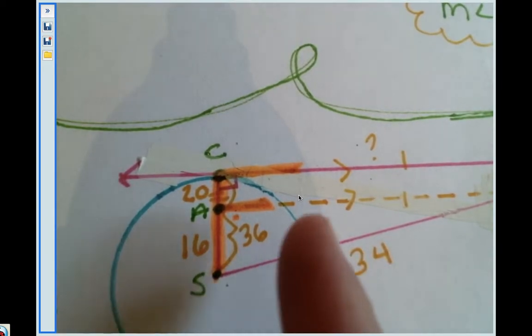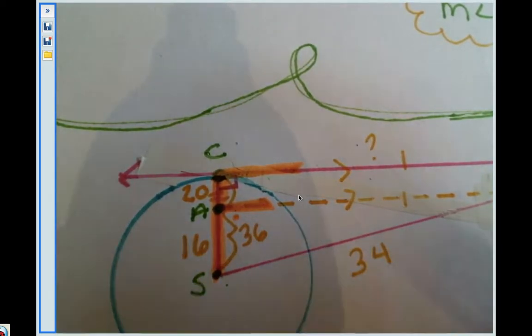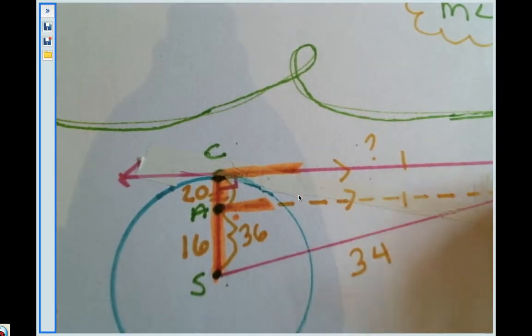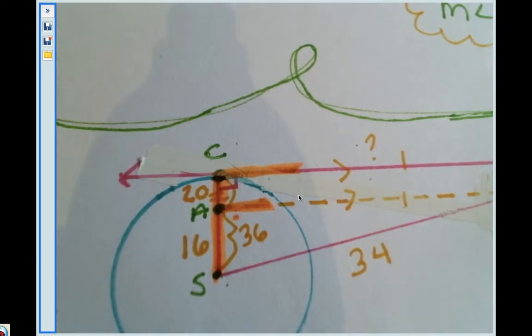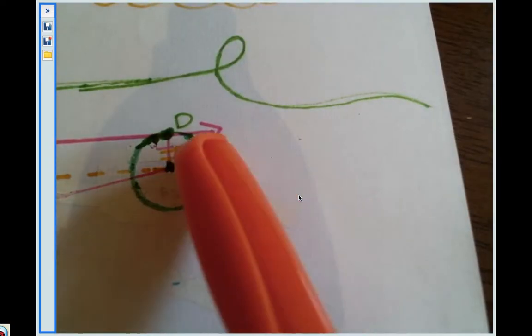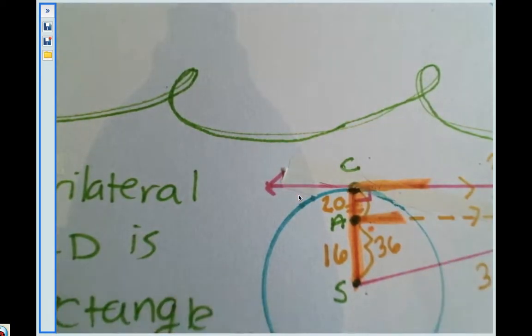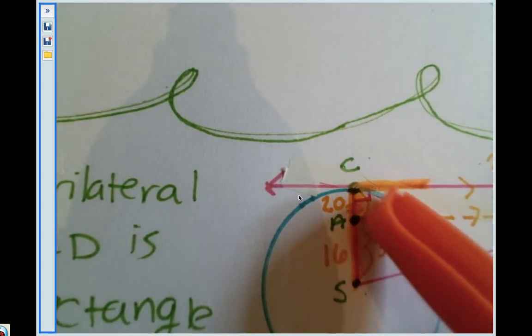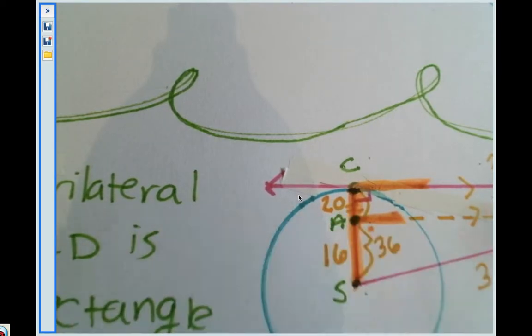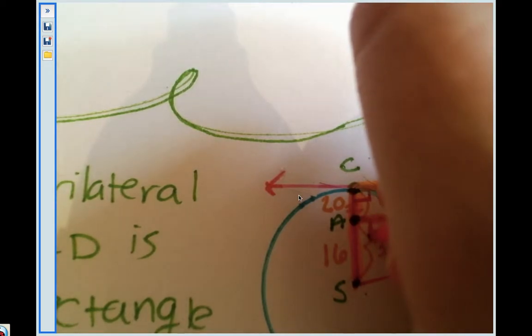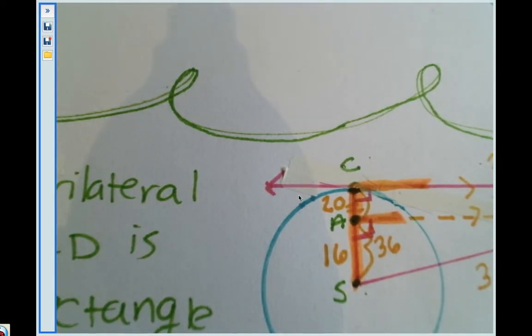They are corresponding angles, which means that angles RAS and DCA are congruent. So if angle DCA is 90 degrees, then this other angle is also 90 degrees, and that's going to help us when we're solving. So this is also 90 degrees.